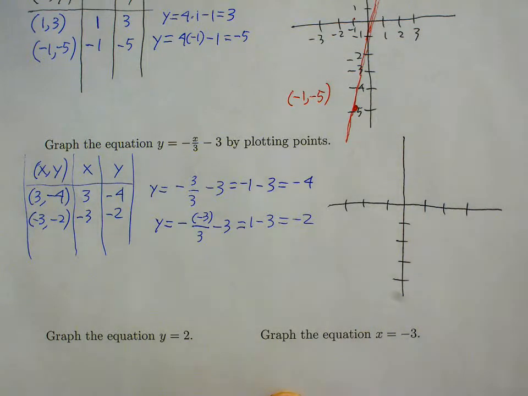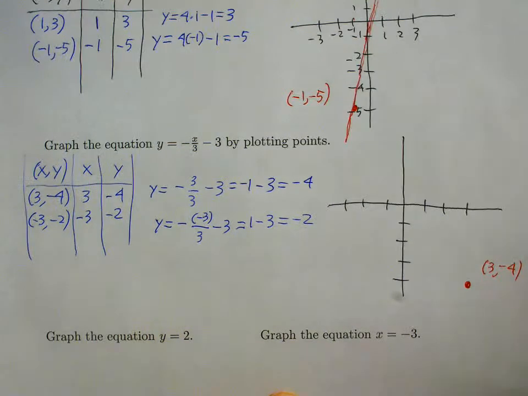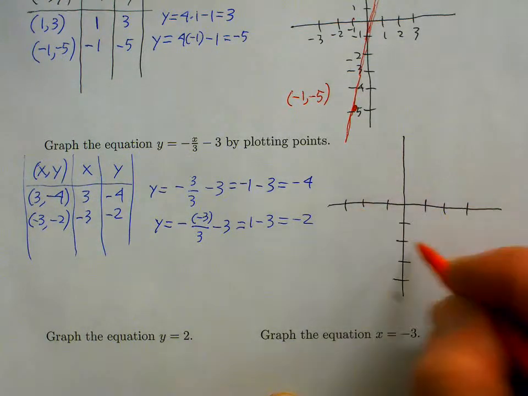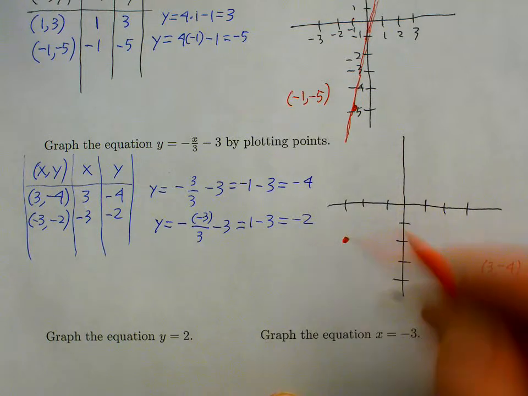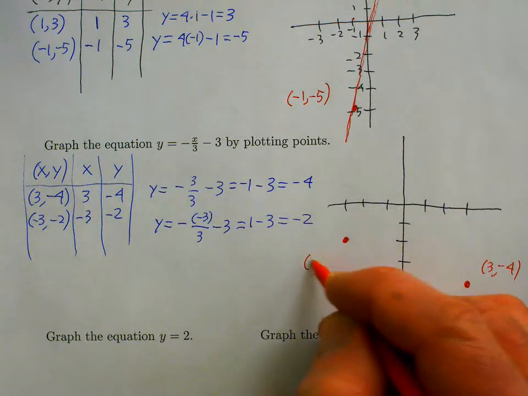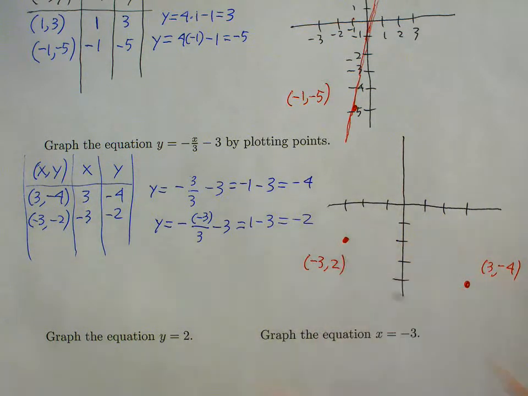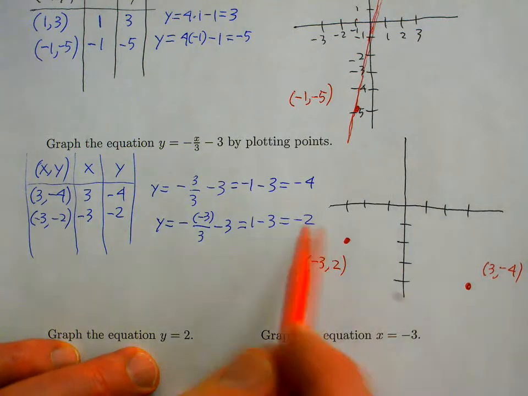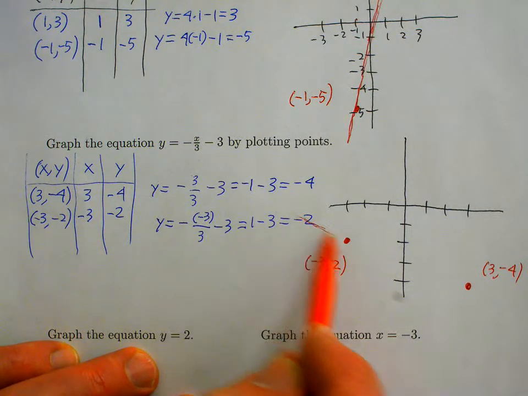The ordered pair 3, -4 is about right there. The ordered pair -3, -2 is about right there. And then draw a straight line through those 2 points.